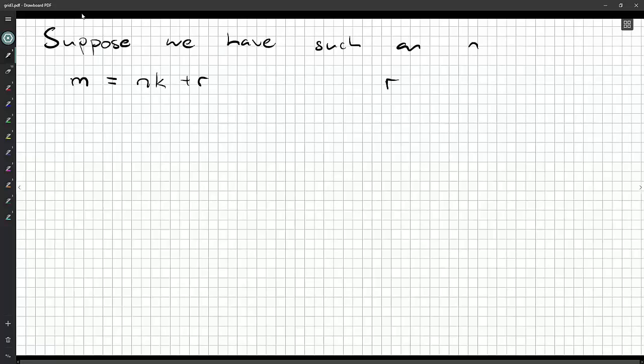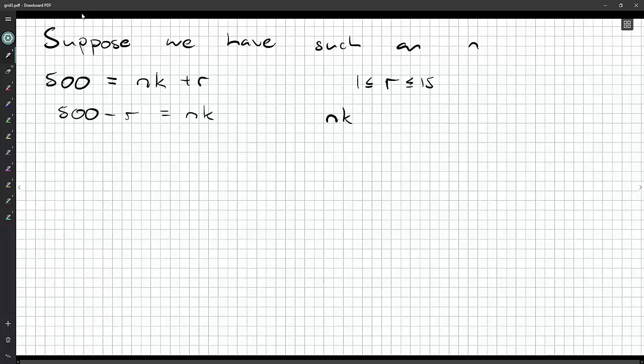Okay? And if r is between 15 and 1, and I know m is 500, then I could say 500 minus r is some multiple of n.